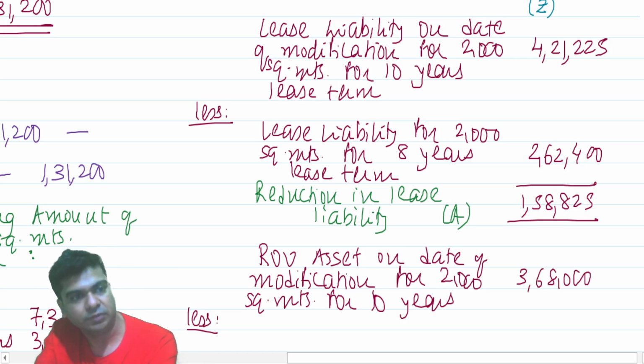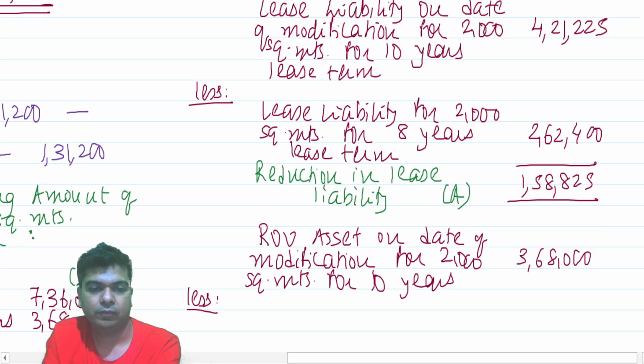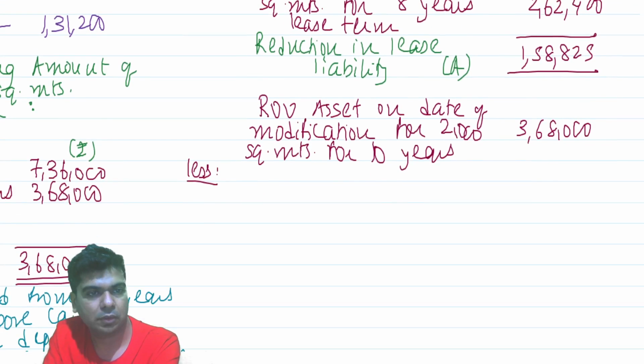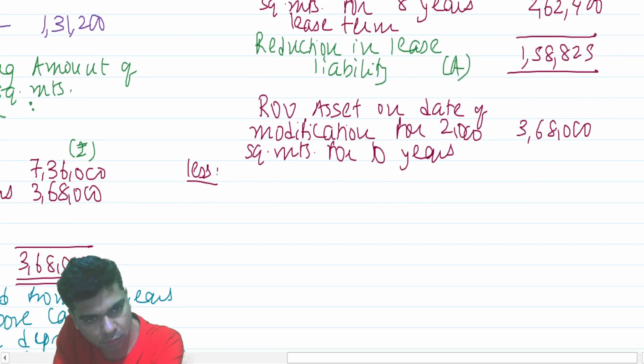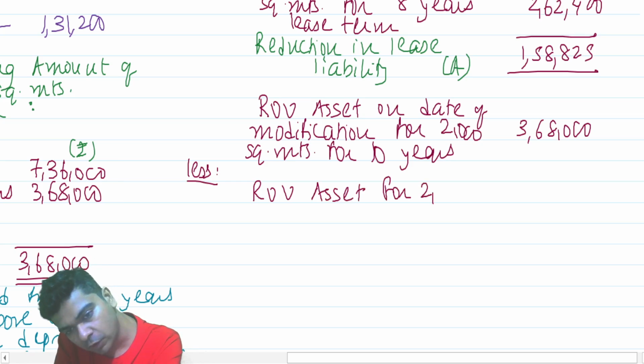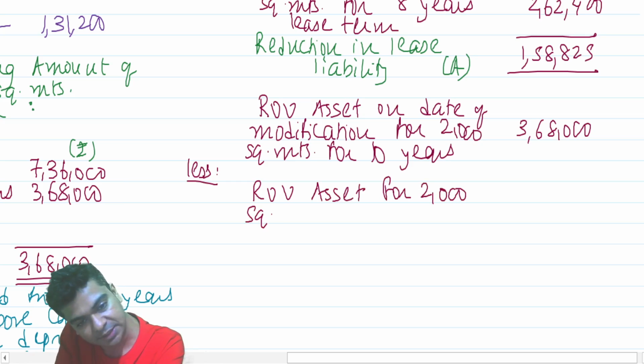Less, ROU asset, of course, on the date of modification for 2,000 square meters for 8 years.